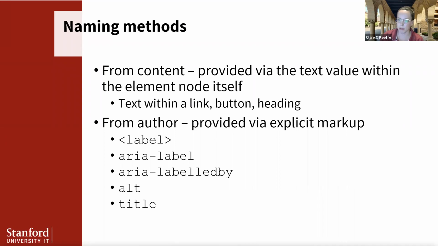So that can provide a name. The aria-labelledby attribute can be used to reference content in other areas of the page to give a name. I mentioned alt earlier, so if you want to give an accessible name to an image, you're going to use the alt attribute and put some text inside there. And some elements can be labeled by the title attribute as well.